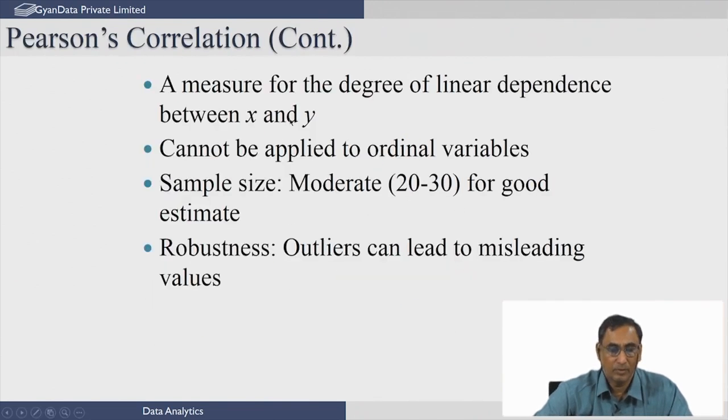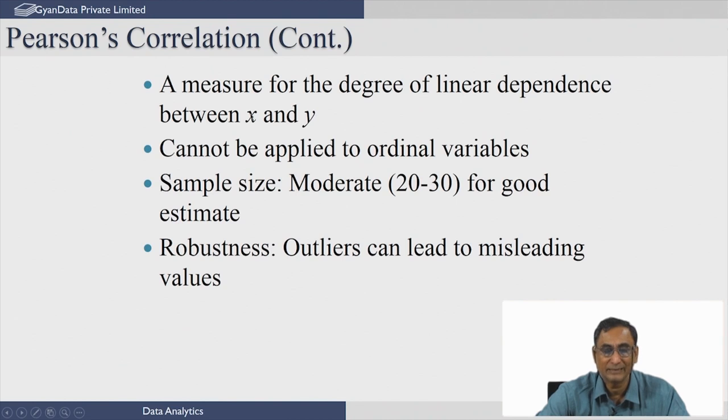This Pearson's correlation is useful to indicate whether there is a linear dependency between x and y. For example, if y is a linear function of x, then the Pearson's correlation coefficient will turn out to be either close to plus 1 or close to minus 1.